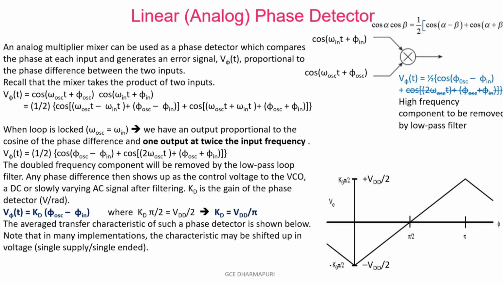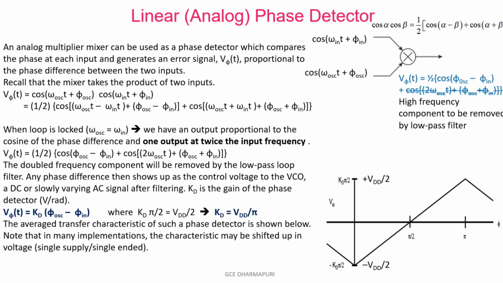So V phi of t is equal to KD into (phi OC minus phi in), where KD times pi by 2 is equal to VDD by 2. So I can write KD is equal to VDD by pi.